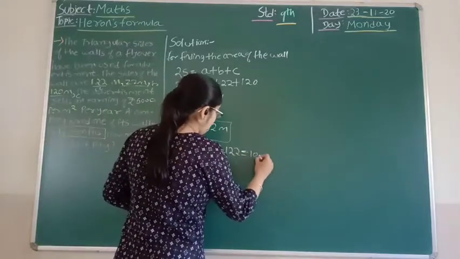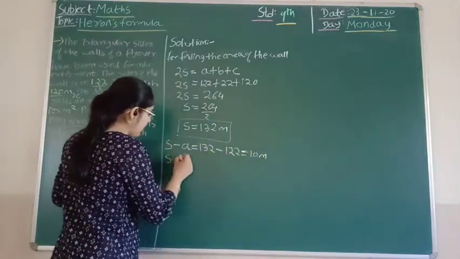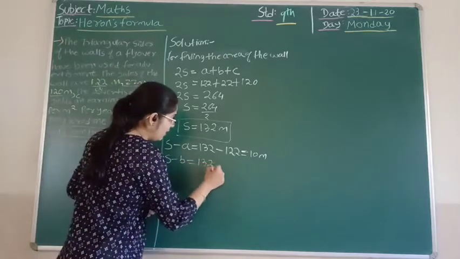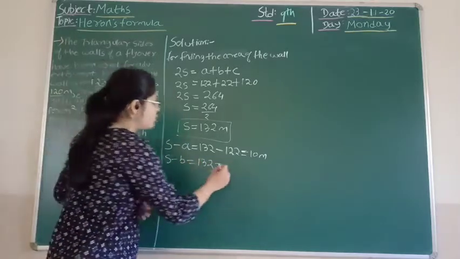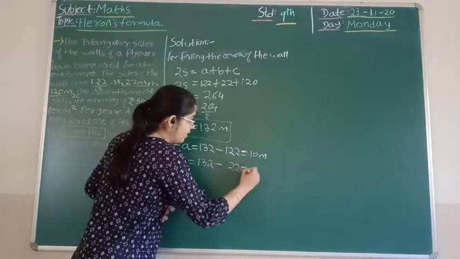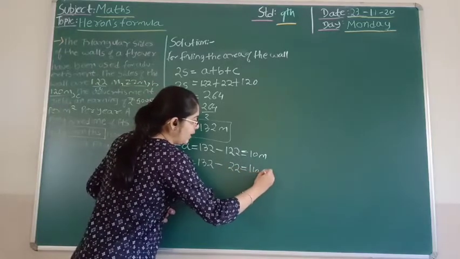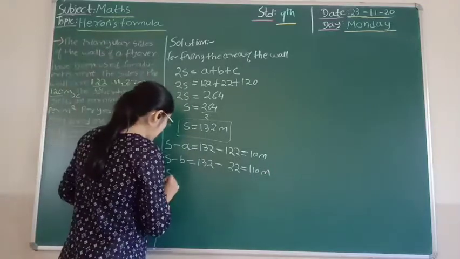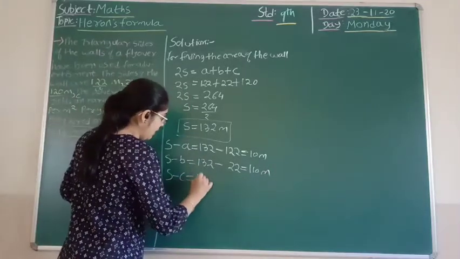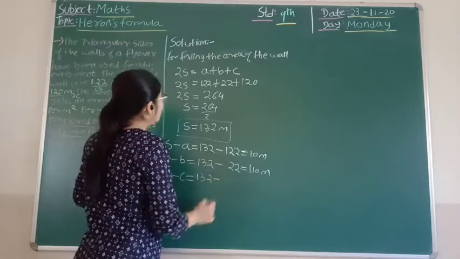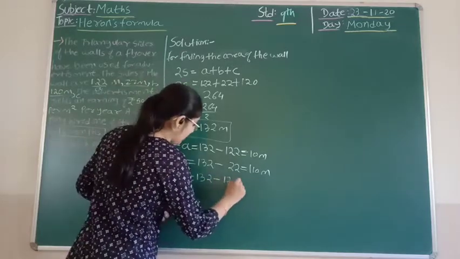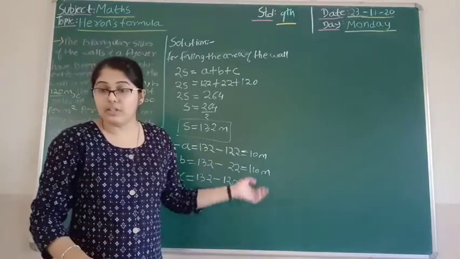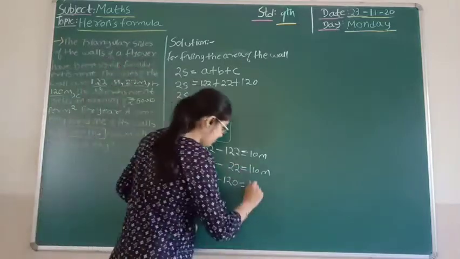S minus B is 132 minus 22, equal to 110 meter. And S minus C is 132 minus 120, equal to 12 meter. So hence we are getting this.